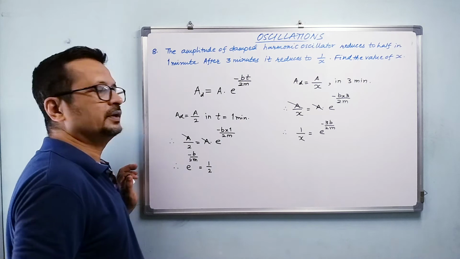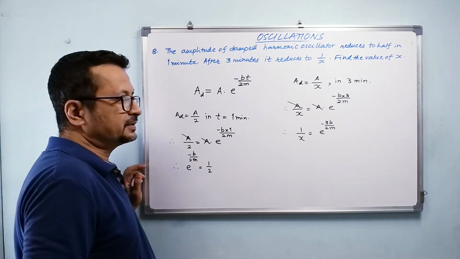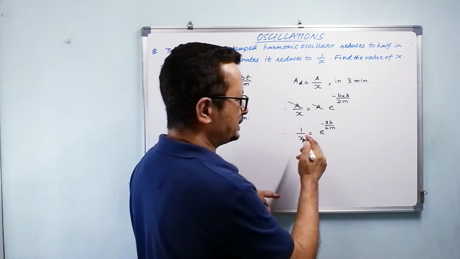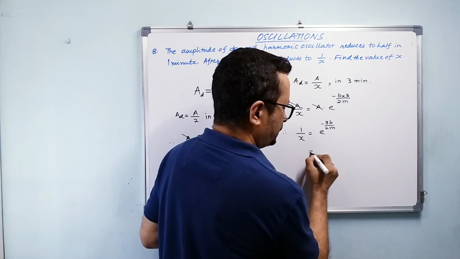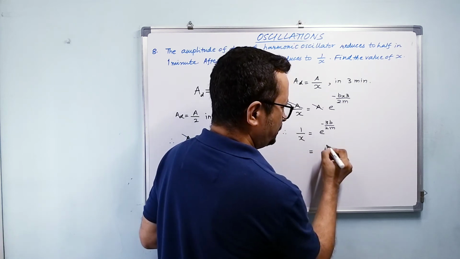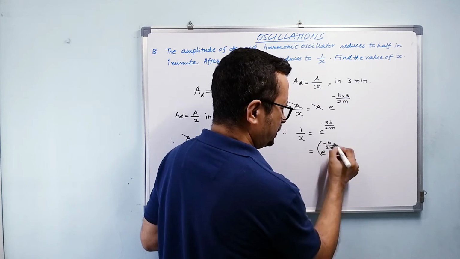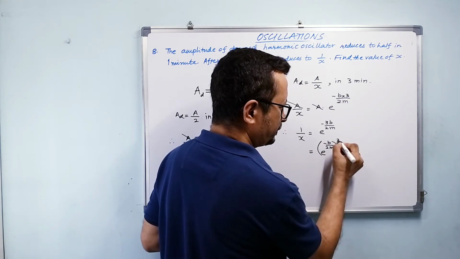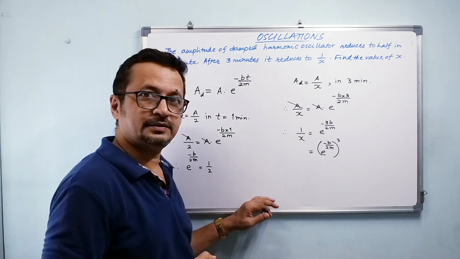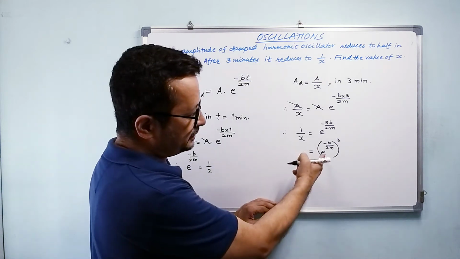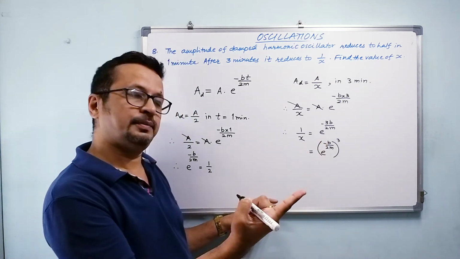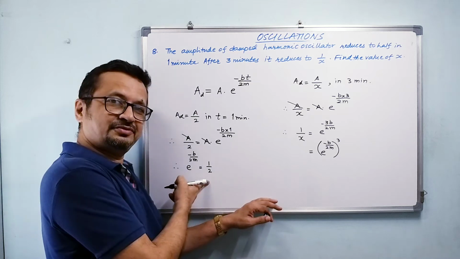What do we do next? I can write this as e raised to minus b upon 2m, raised to power 3. I can do that, isn't it? And this e raised to power minus b upon 2m, how much is that? Is it not half here?